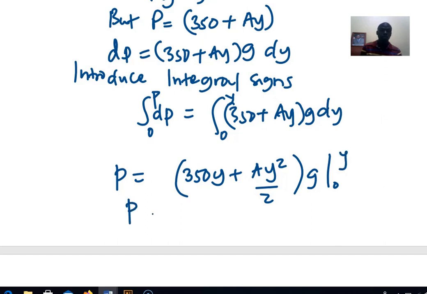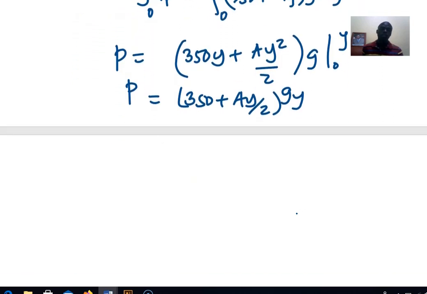So P is therefore equal to (350 plus AY over 2) into g y. So that is the relation that has been derived, and our task now is to put in the figures.